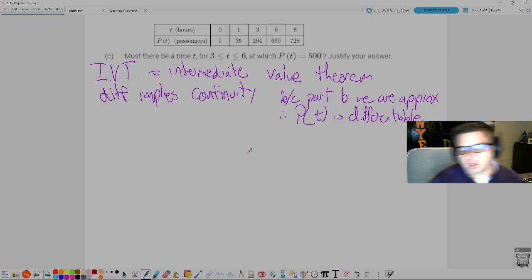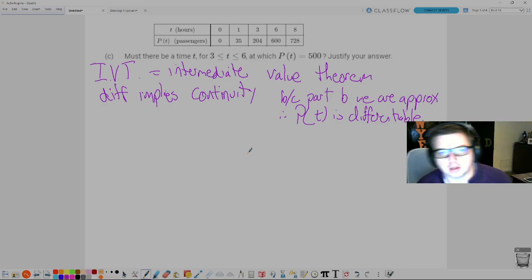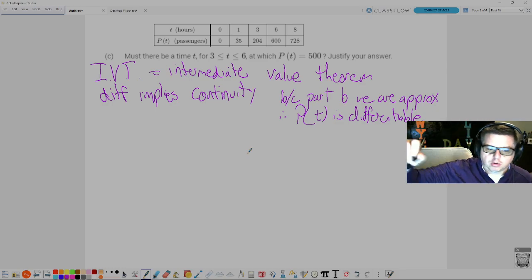So now that we've implied continuity, which you need to, because at some point we have to go across the roller coaster.